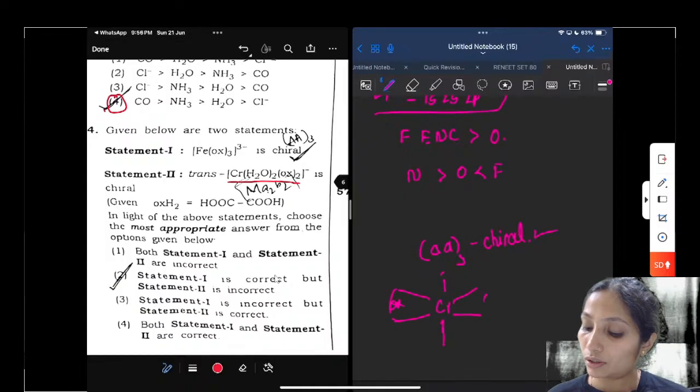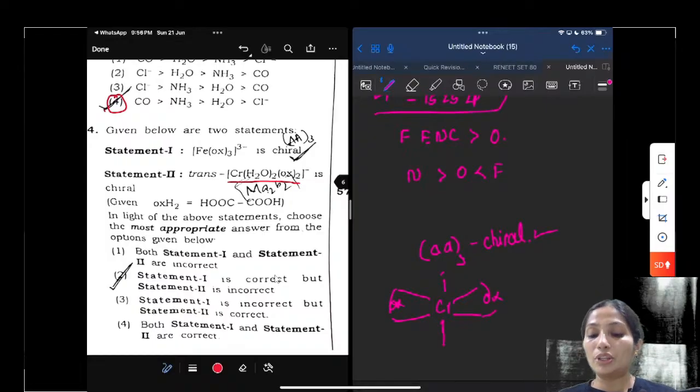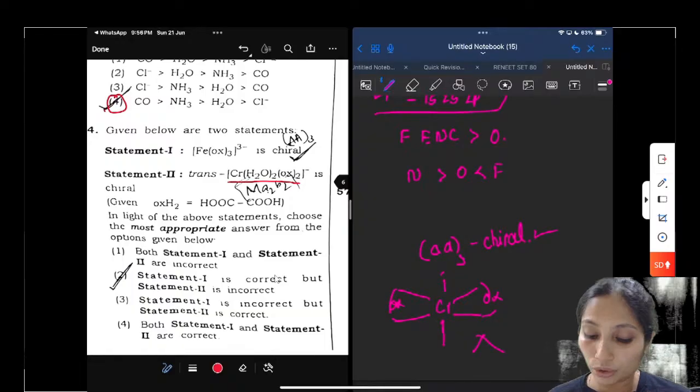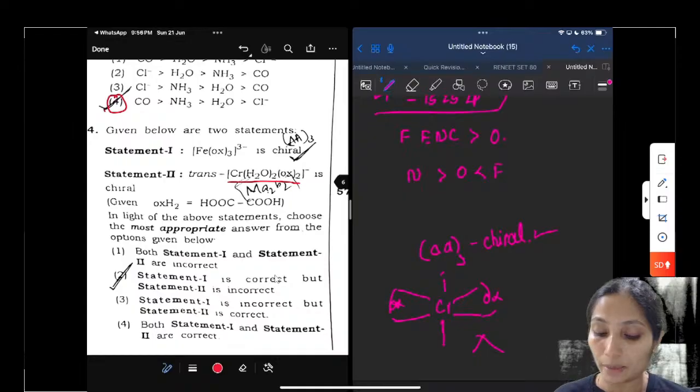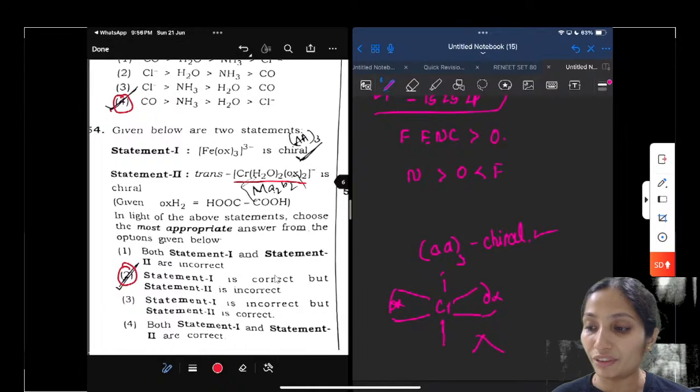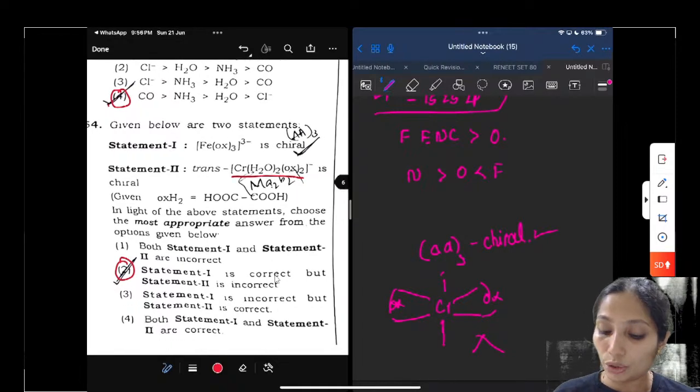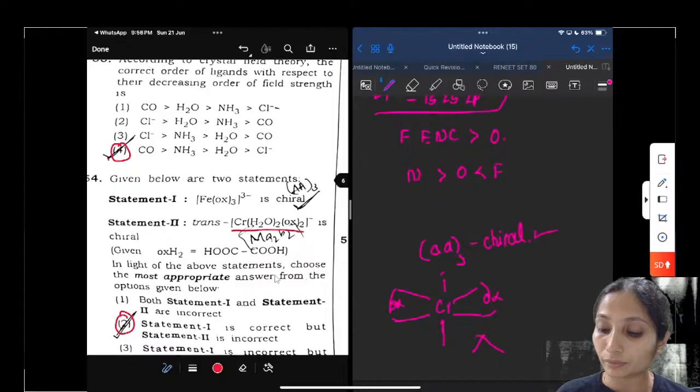This is the structure. Okay, sorry, this will be the geometry. Is the trans chiral in nature? No, it is not chiral in nature. So statement 2 is incorrect and statement 1 is correct. Option 2 is correct here in question number 54. Next, go to question number 55.